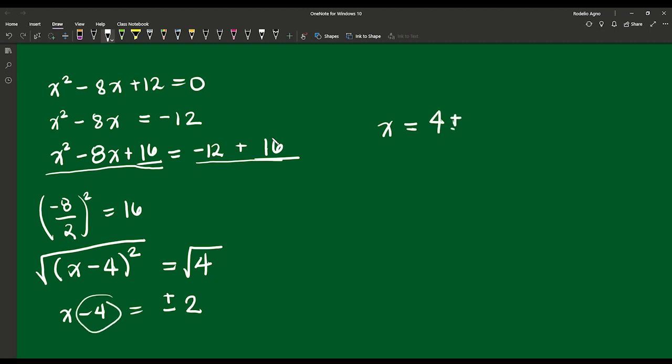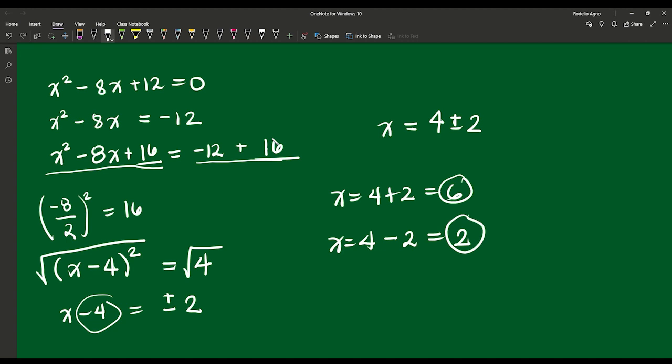And then, plus, minus. X equals 4 plus 2, which is 6. Saka yung isa naman ay 4 minus 2 equals 2. So, ito ang ating solutions. Okay? 6 and 2. Tingnan natin sa checking kung magiging tama.